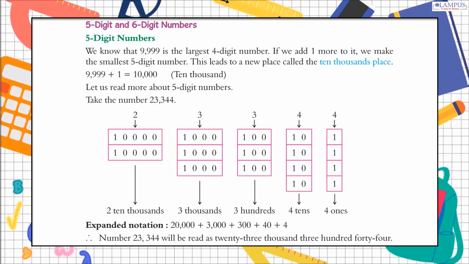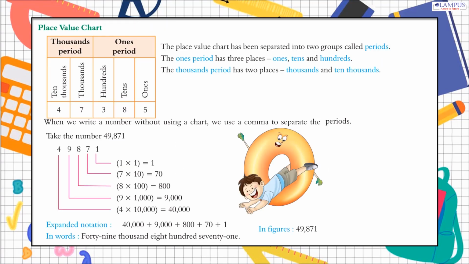Expanded notation. 20,000 plus 3,000 plus 300 plus 40 plus 4. Therefore, number 2, 3, 3, 4, 4 will be read as 23,344.